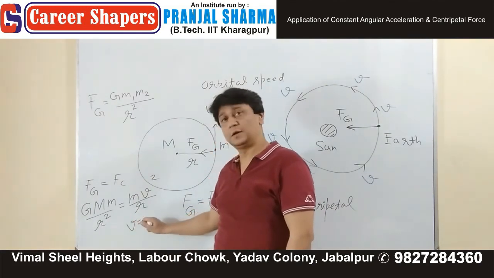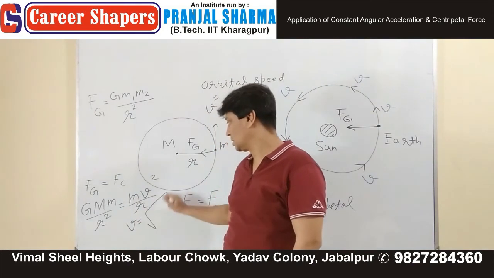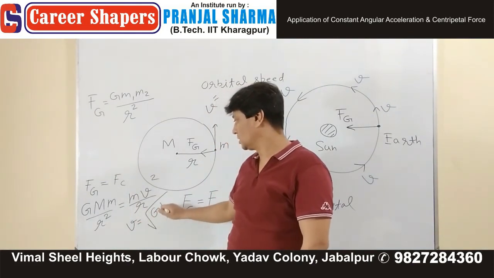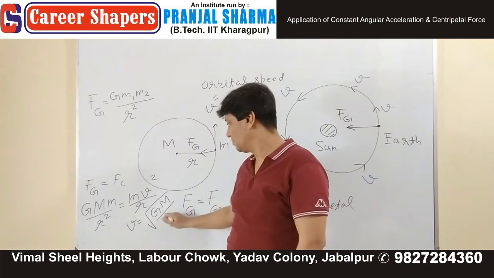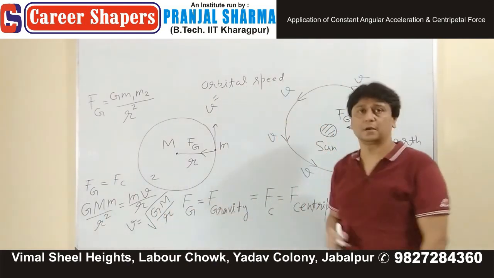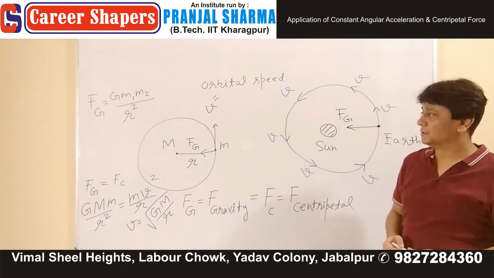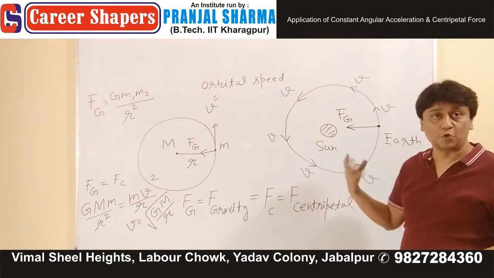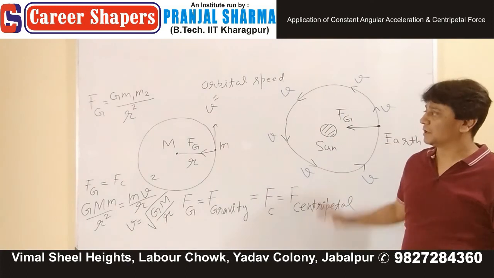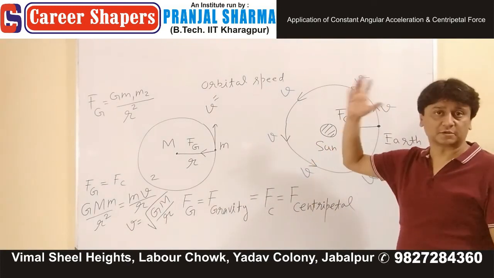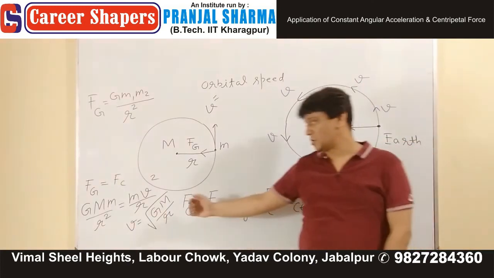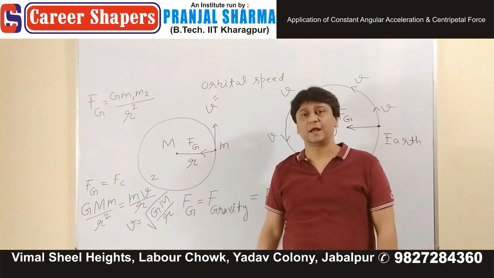Orbital speed is coming what? Root over GM by r. And some of you got this part correctly. So that's how you can find all these things. We can see that the orbital speed is root over GM by r.